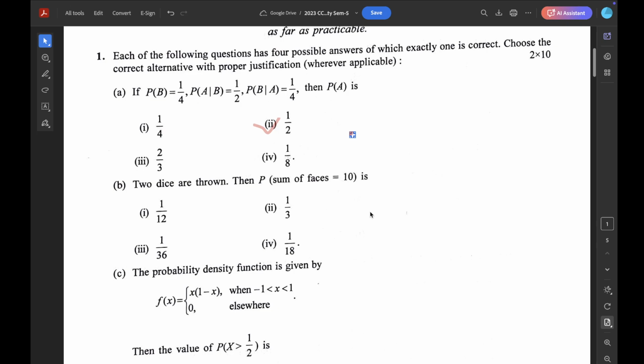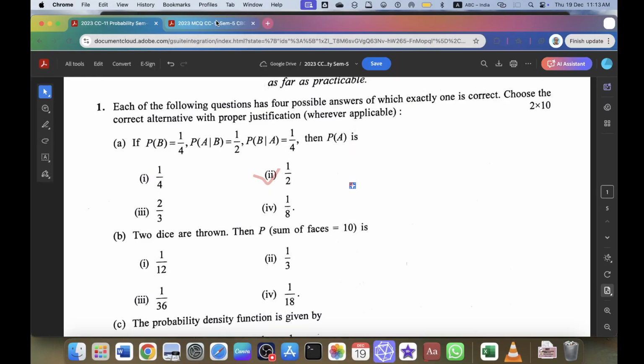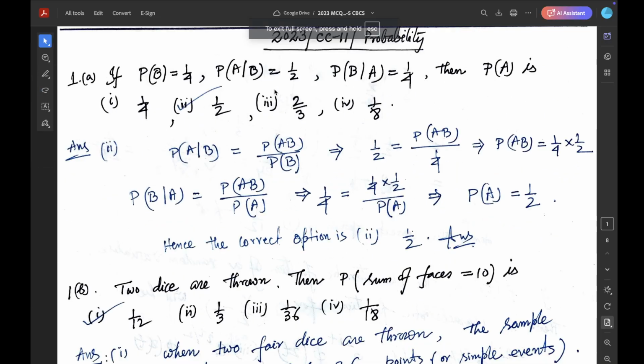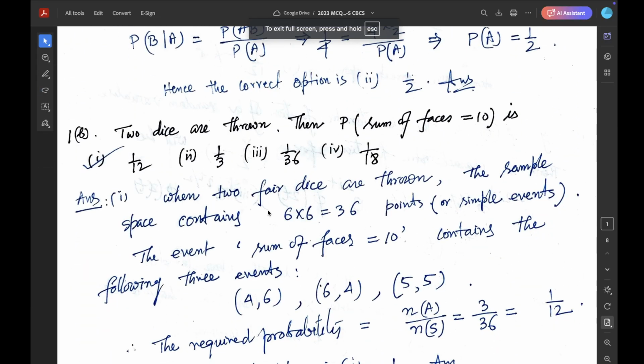Next question, question 1b. 2 dice are thrown, then probability of sum of faces equal to 10 is what? When 2 fair dice are thrown, the sample space contains 6 into 6 equal to 36 simple event points, and the event sum of faces equal to 10 for these 2 dice contains the following 3 events: 4, 6; 6, 4; 5, 5.